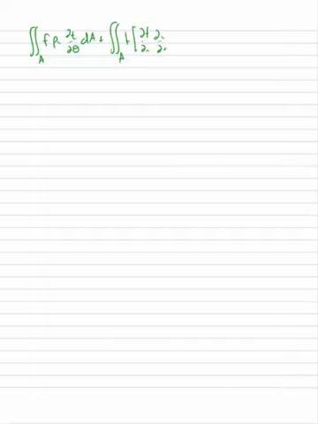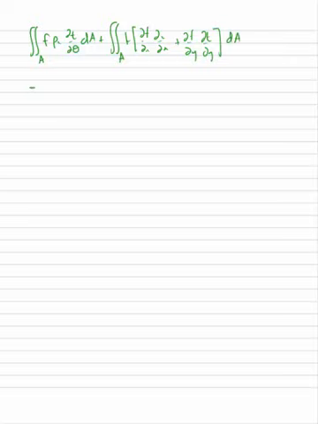So this is what we got from the first integration by parts, plus df dy times dT dy, so it's from the second integration by parts, dA, minus the integral over the area of f times g triple prime dA. And then the second term we got by doing the integration by parts is this integral over the boundary of f times the heat flux normal to the boundary ds.